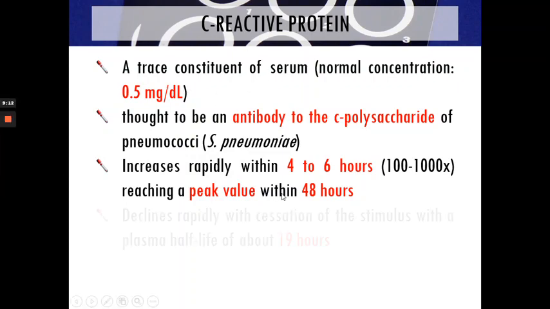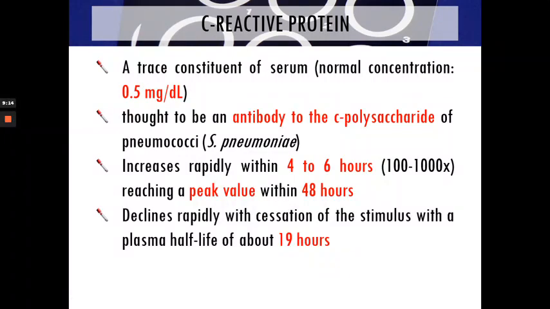And it declines rapidly also with cessation of the stimulus. For example, when the inflammation or infection is over, after about 19 hours, it decreases or disappears. That's the plasma half-life. So that's it for CRP, the initial introduction.